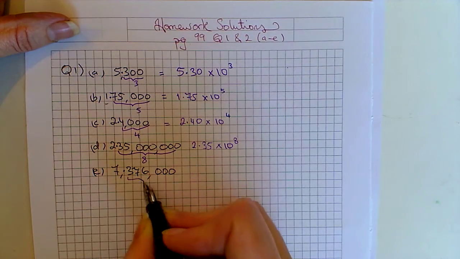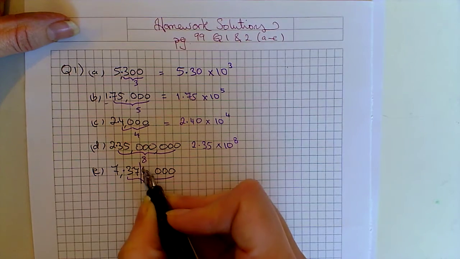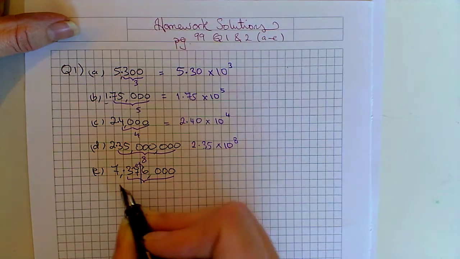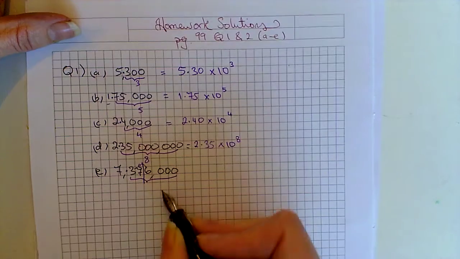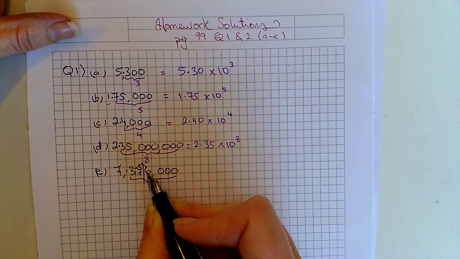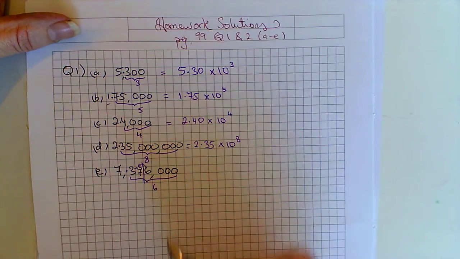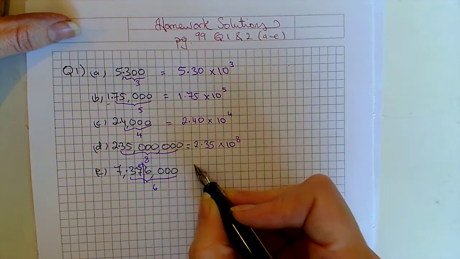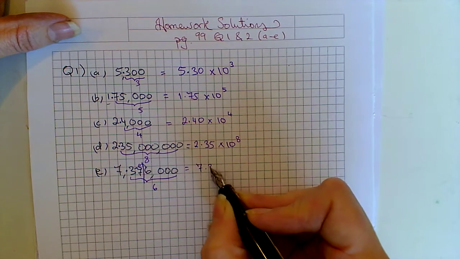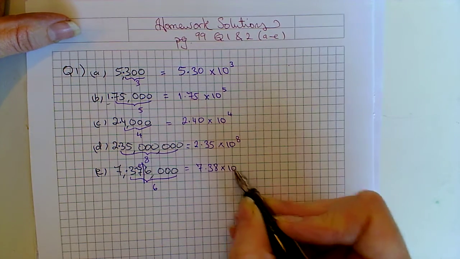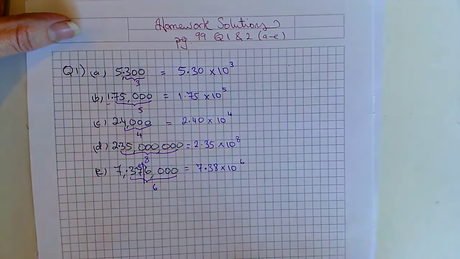And here I'm going to be doing some rounding. I'll round up. So I'll have 1, 2, 3, 4, 5, 6 spaces after my decimal point. 7.38 by 10 to the power of 6.